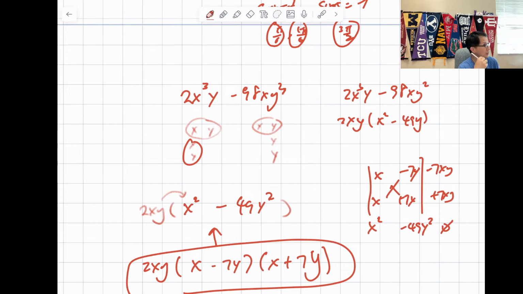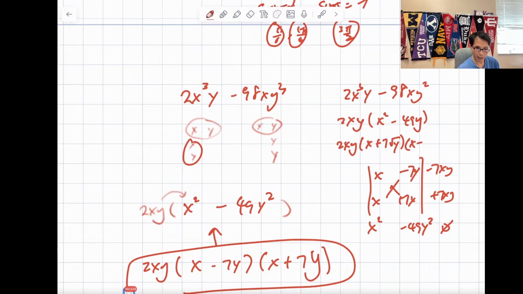So that's not, it's factorable, but it's kind of weird. It can be factored, but it's harder. It's going to be x plus 7 root y and x minus 7 root y, because root y times root y is equal to y.